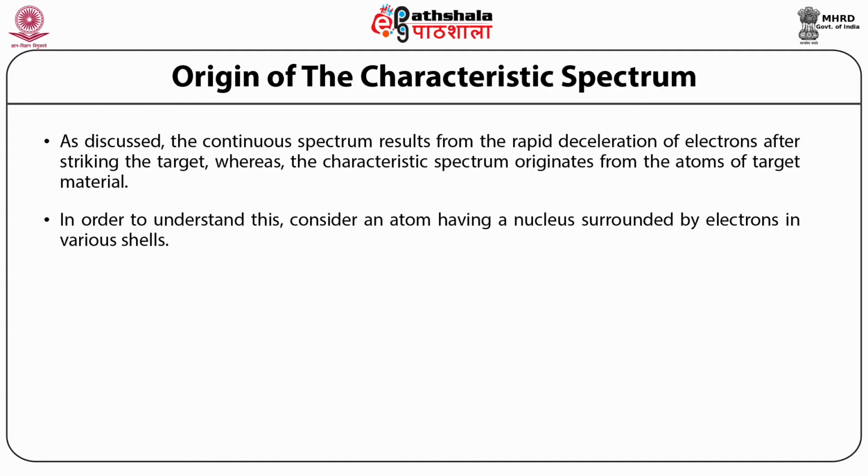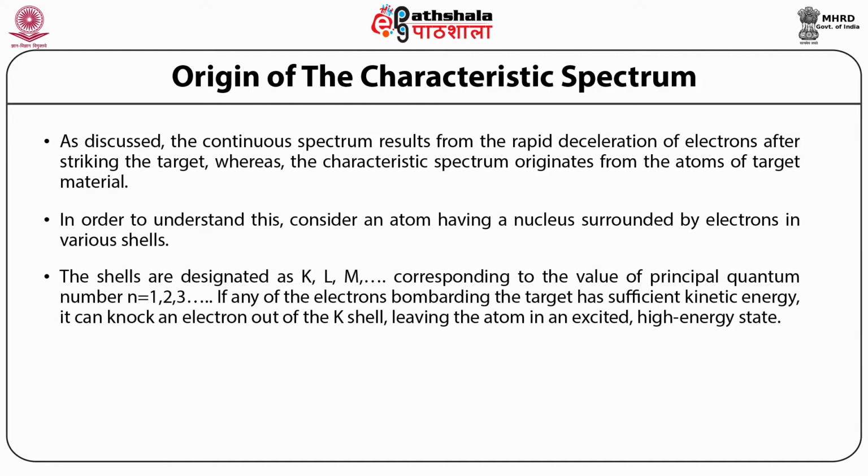In order to understand this, consider an atom having a nucleus surrounded by electrons in various shells. The shells are designated as K, L, M and so on, corresponding to the value of principal quantum number n equals 1, 2, 3 and so on.